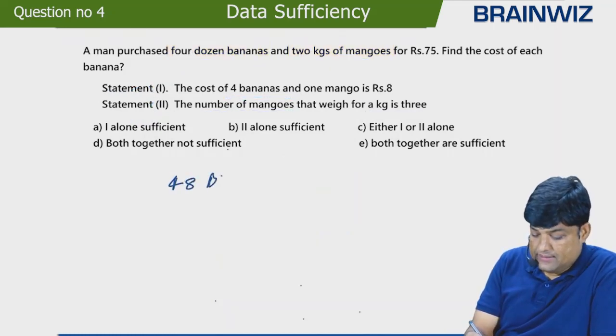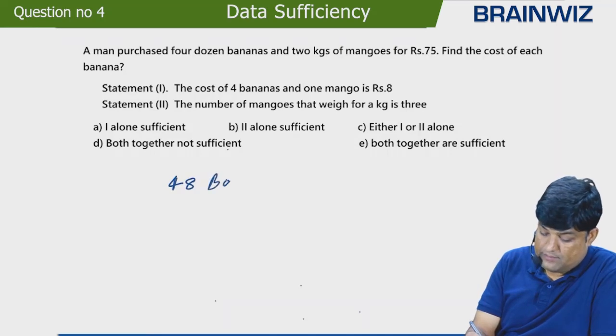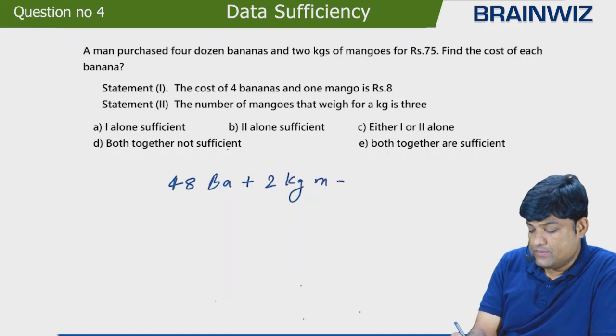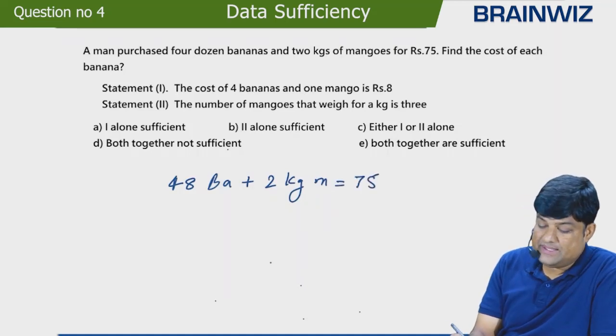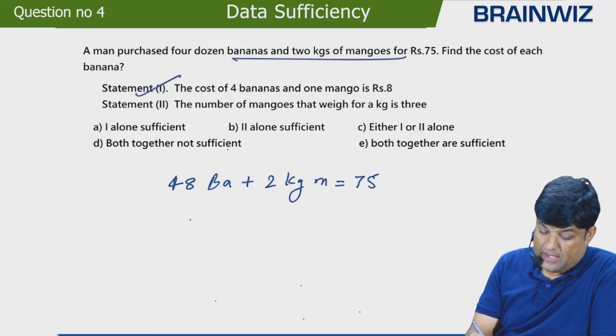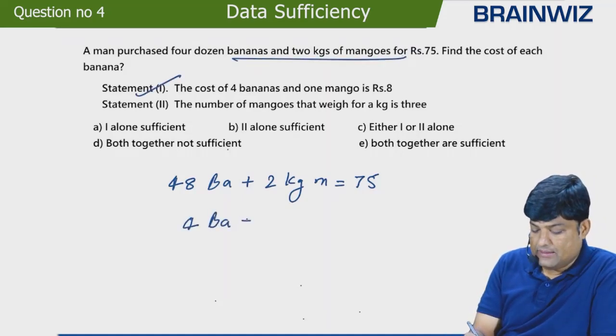48 bananas along with 2 kg mangoes gives you 75 rupees in the question. Already he gave you that. Now I'm telling, in statement 1, that 4 bananas along with 1 mango is 8 rupees.